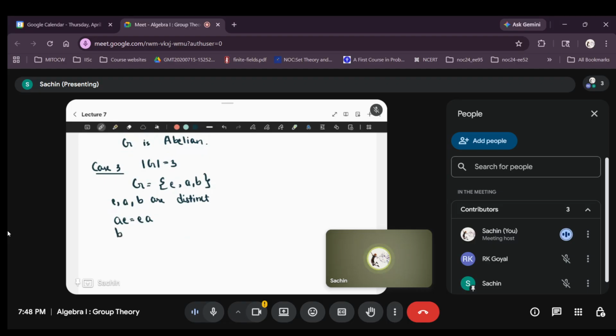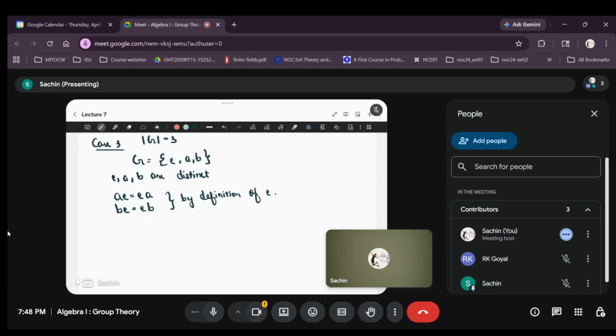We also have B equal to EB by definition of E. Then we have to check if AB is equal to BA. How do we do that?